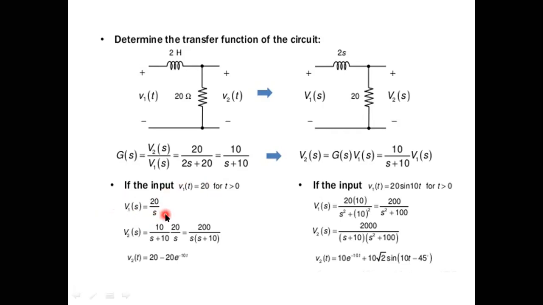Further, we put this value into consideration, whereby the transfer function is defined as output by input. We keep the value of V1(s), the input, and V2(s) can be easily obtained by taking the input loop and output loop KVL equations. In the second case we have taken a sinusoidal input, an AC single phase supply with an amplitude of 20 and angular frequency 10.